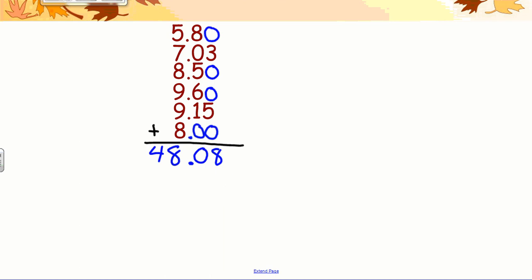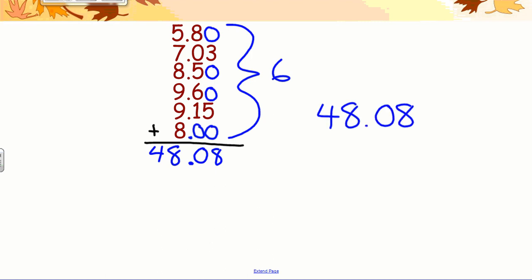And it appears that we have a total of 6 numbers in this data set. So let's divide 48 and 8 hundredths divided by 6. 6 goes into 4 0 times. So now I'm looking at 48.